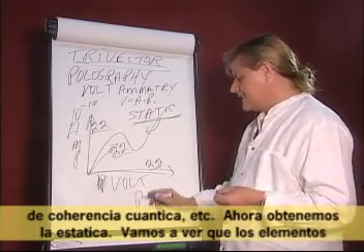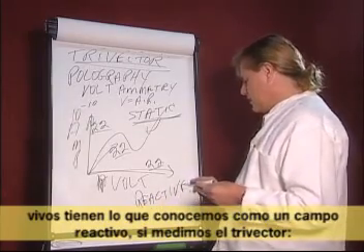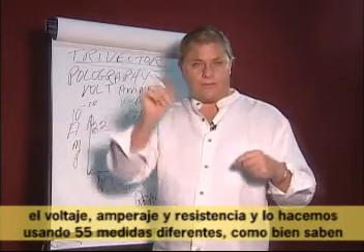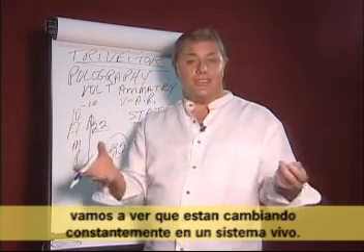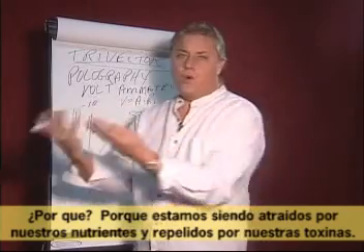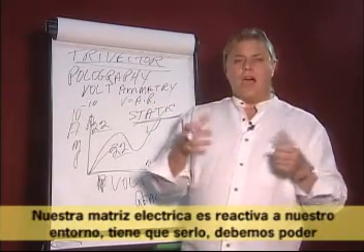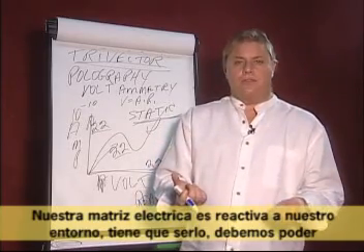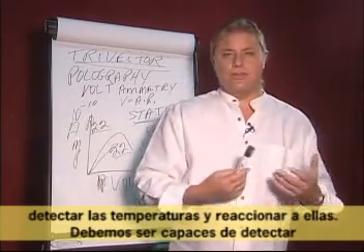We're going to find that the living items have what is known as a reactive field. If we measure the trivector, the voltage, amperage, resistance, and we would do this with 55 different measures, as you remember, then we're going to see this is constantly changing in the living system. Why? Because we are being drawn towards our nutrition and we are being repelled away from our toxins. Our electrical matrix is reactive to our environment. It has to be. We have to be able to detect the temperatures and react to them.